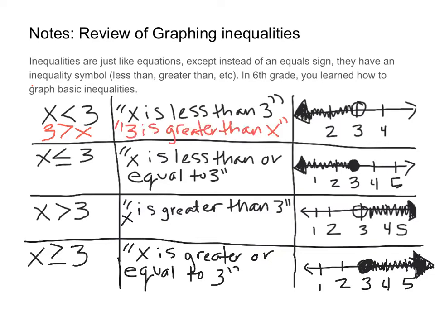So all of these can be written reversed. You just have to reverse the inequality symbol as well. So 3 is greater than or equal to x. 3 is less than x. 3 is less than or equal to x. That means the same thing. Make sure that you have both ways of writing the inequalities written down.